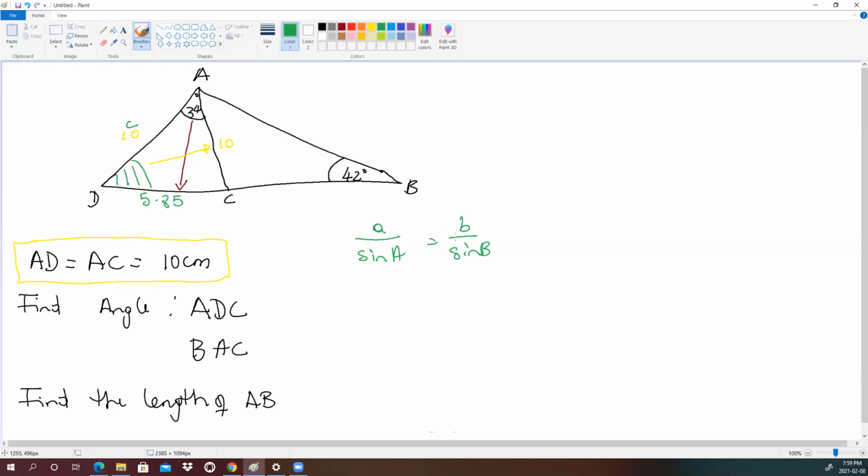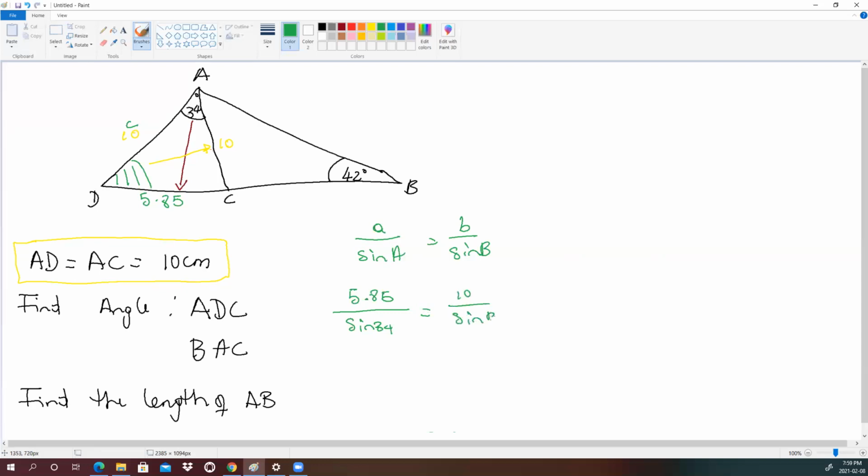So tell me what you use for your A and what you use for your B. For side A, I had 5.85. I rounded it off. No problem. Over sine 34 equals 10 over sine B.